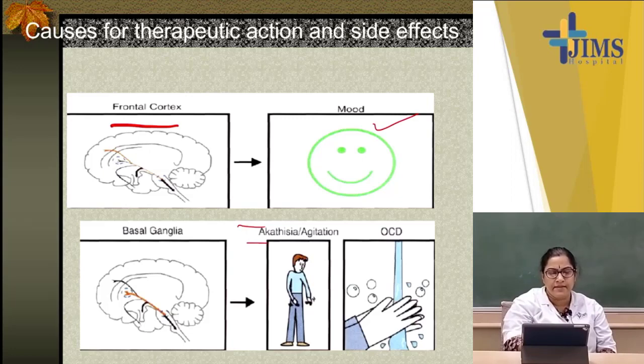When it is having its action in the basal ganglia, there is a disorder in movement known as akathisia or agitation, and also the obsessive compulsive disorder. So a person is repeatedly doing the same job, that is the OCD.